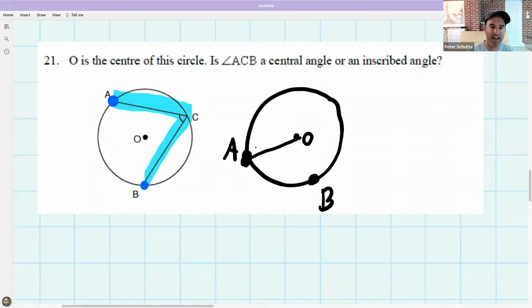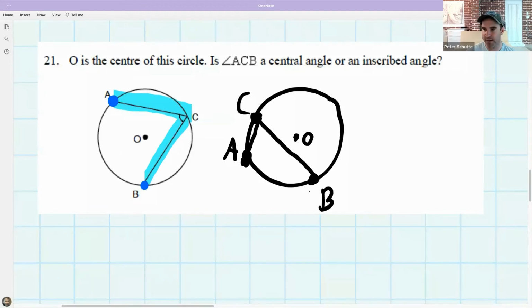However, if instead we form an angle at the circumference, that's one possibility. Or we could draw a point and call it C. This is called an inscribed angle, or an angle at the circumference, if it's on the circumference. And if the angle is formed at the center, it's called a central angle or an angle at the center.